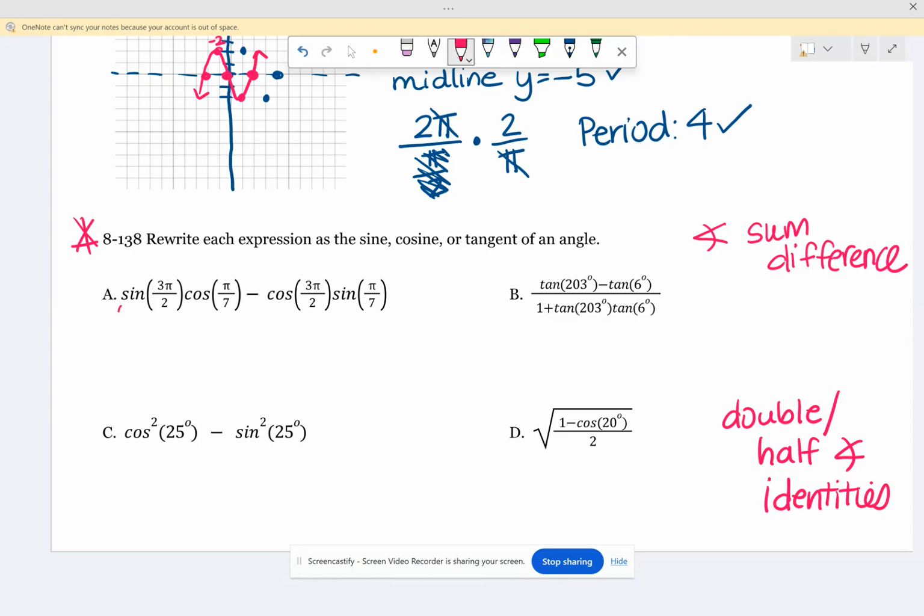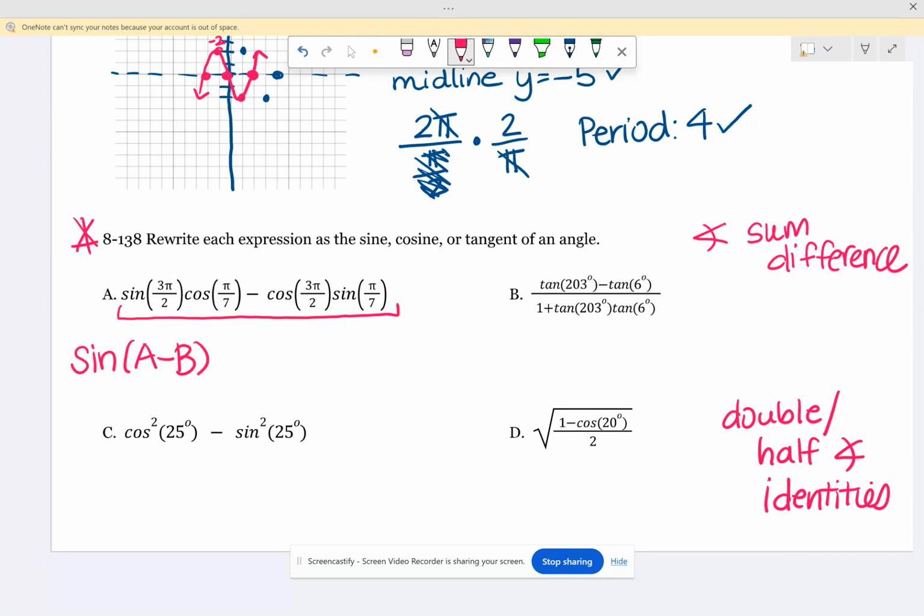So find something that looks like this. Sine A cosine B minus cosine A sine B. And that is sine of A minus B.